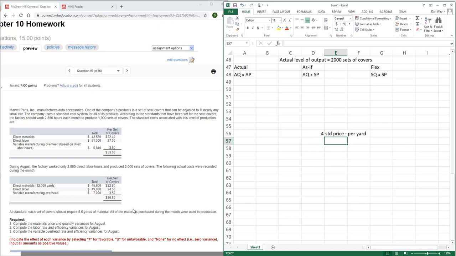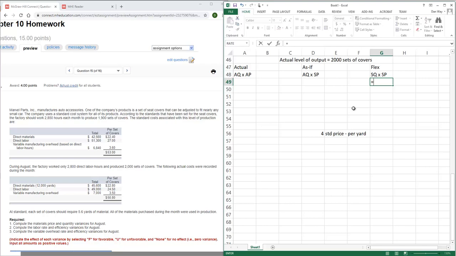So we always want to make sure we're careful that we're not just incorporating the actual level of output when we're considering our different columns in our column approach, but also that we've accounted for the differences in standards in terms of quantity versus price. So now we can come up with our flex total over here.